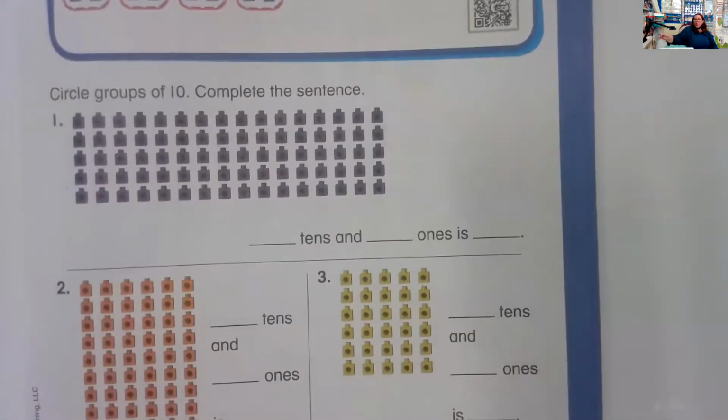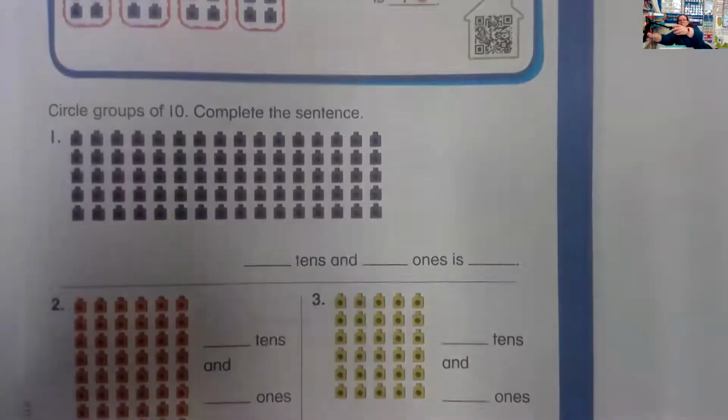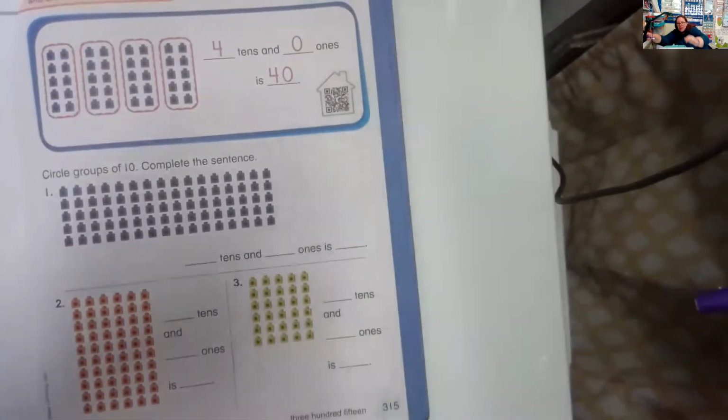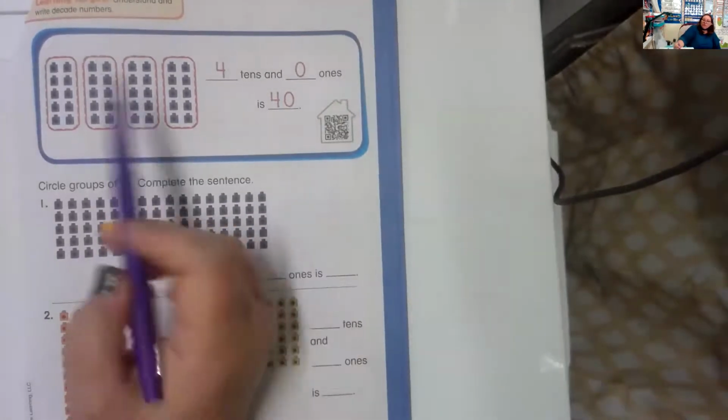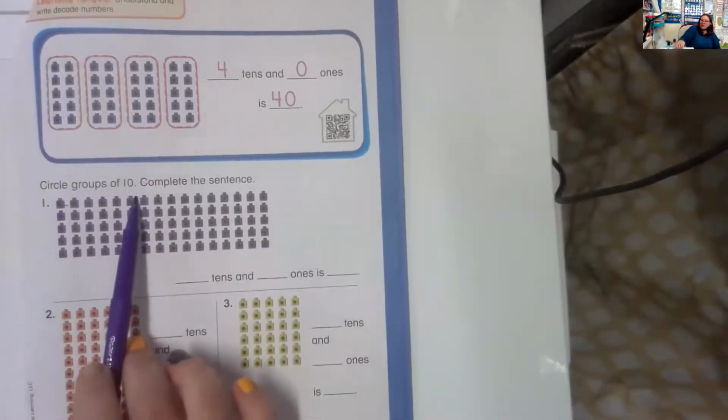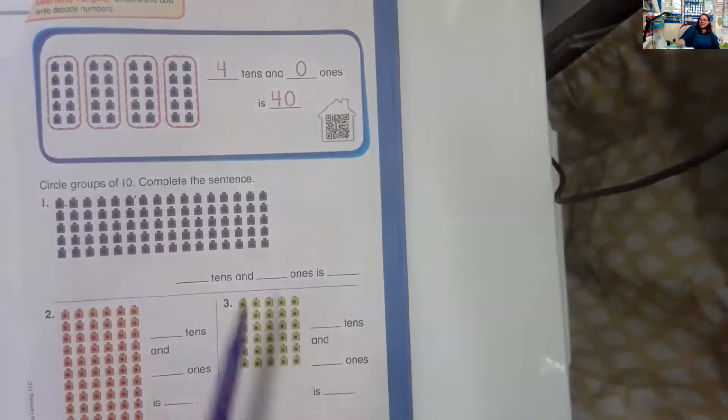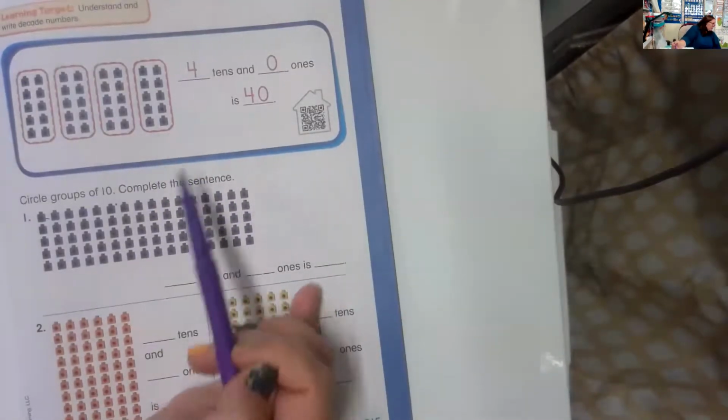Yeah? All right. So then on your own, you will do this next page front and back. Okay? All right. So you will circle your groups of 10 and complete the sentence. Okay, they already have the example there to refresh your memory.